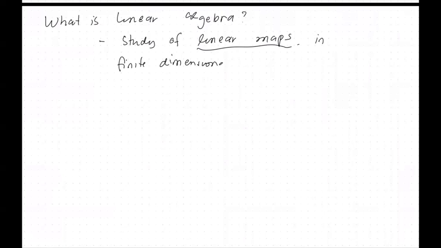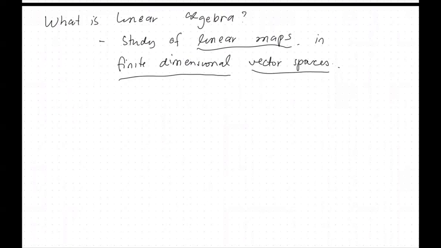vector spaces. We will also formally define dimension and vector space later. Note that a vector space is just a structure with addition and scalar multiplication.